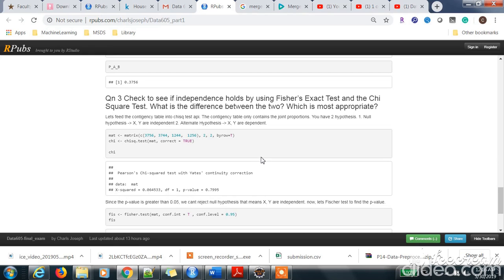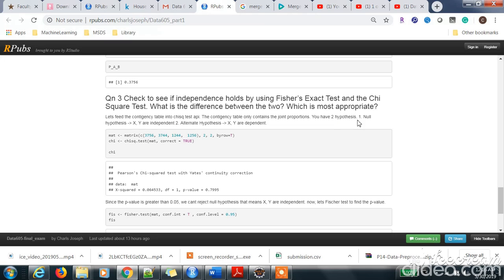So the third question is to see if independence holds by using the Fisher exact test and the chi-square test. So first I pass the contingency matrix to the chi-square test. It has two hypotheses to test.